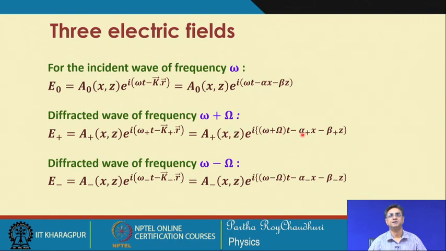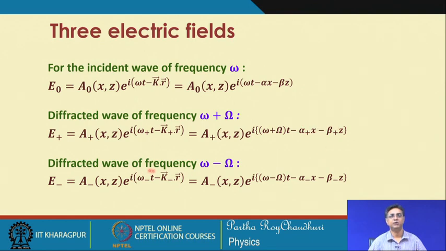We can write this in this form. This k plus dot r is given by this, because the diffracted wave is also confined in the x z plane. So, you have the x component and z component of this propagation vector, which are different from here because of the change in the directionality.